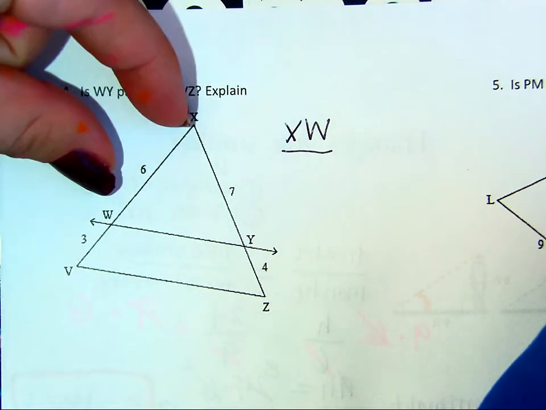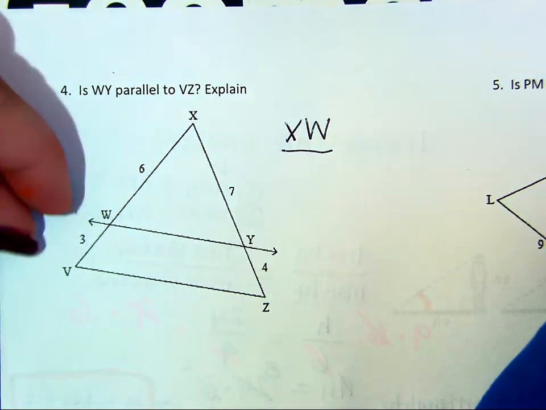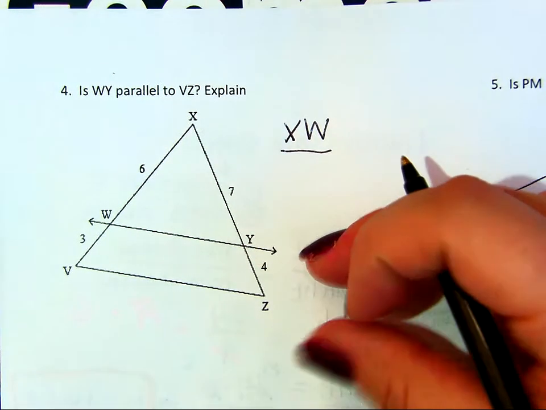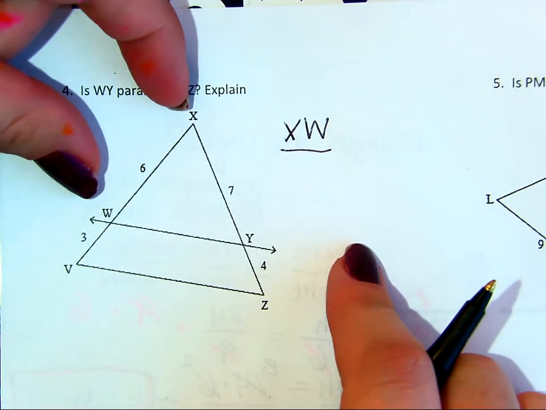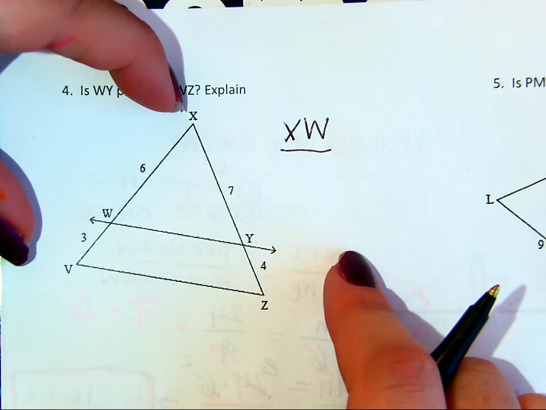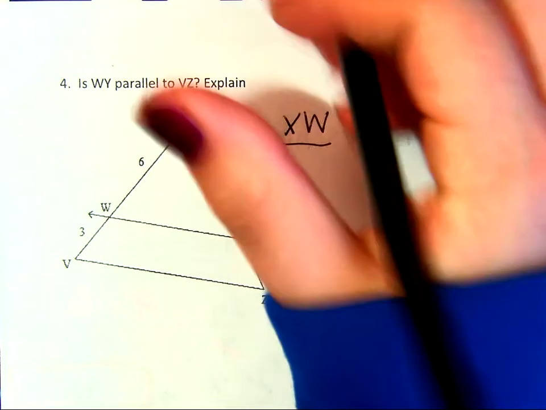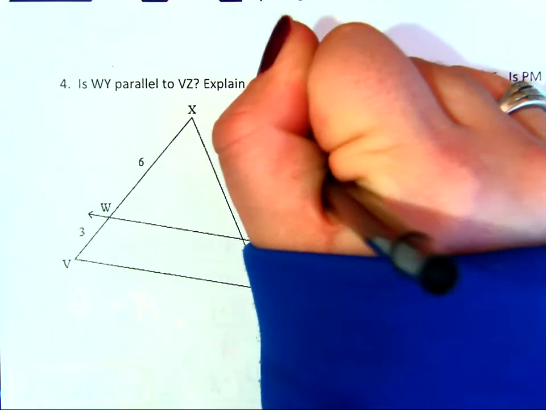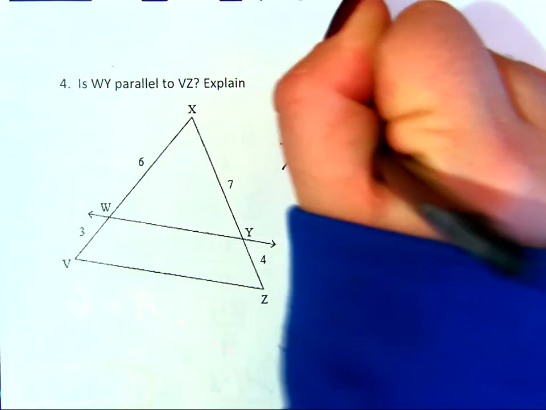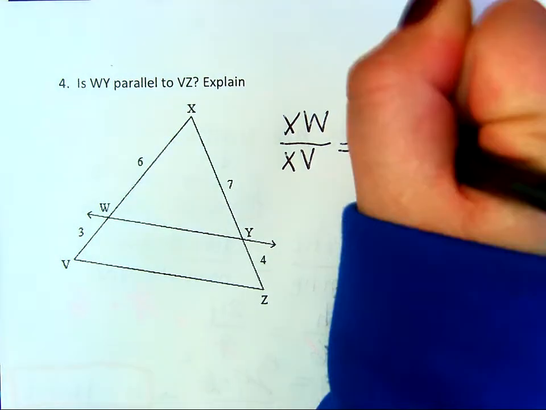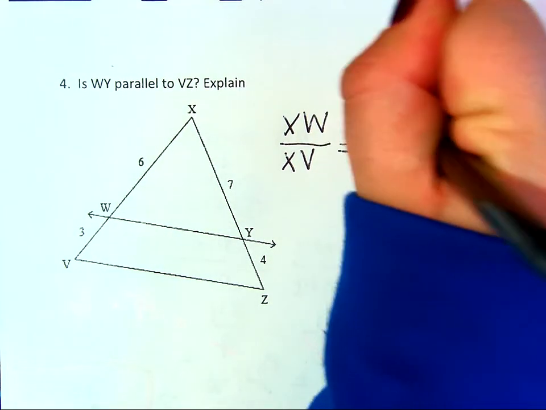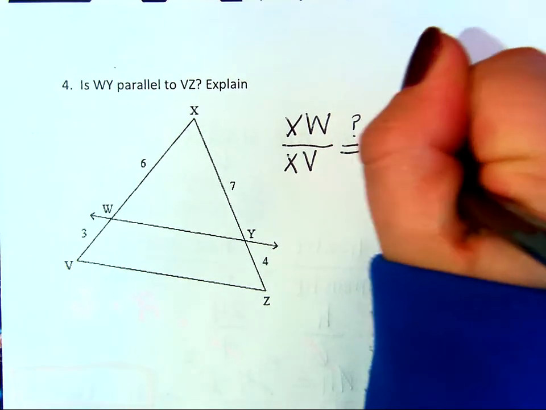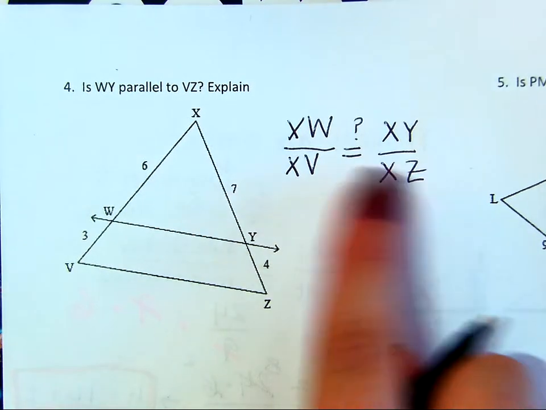So I can set up XW over WV proportional to XY over YZ, or I can do XW over the entire side. So let's just use the entire side just to practice something different. XV, I want to see if that is equal to XY over the entire side, XZ. So the question is, are these guys equal to each other?